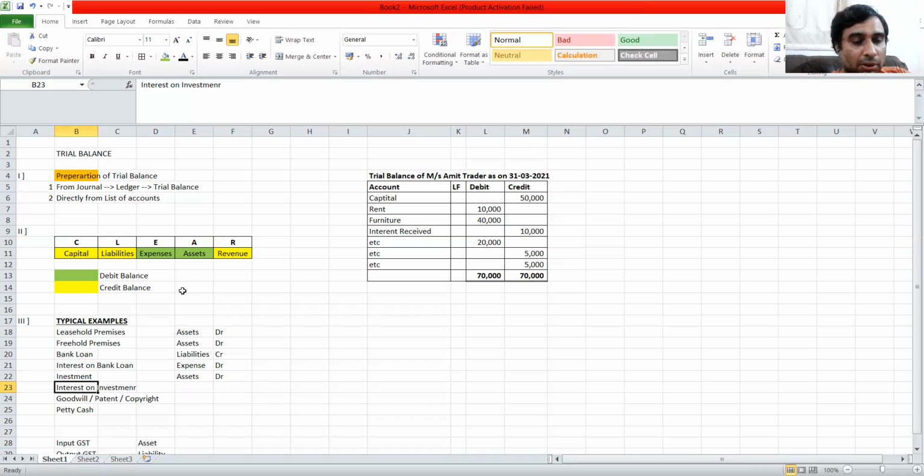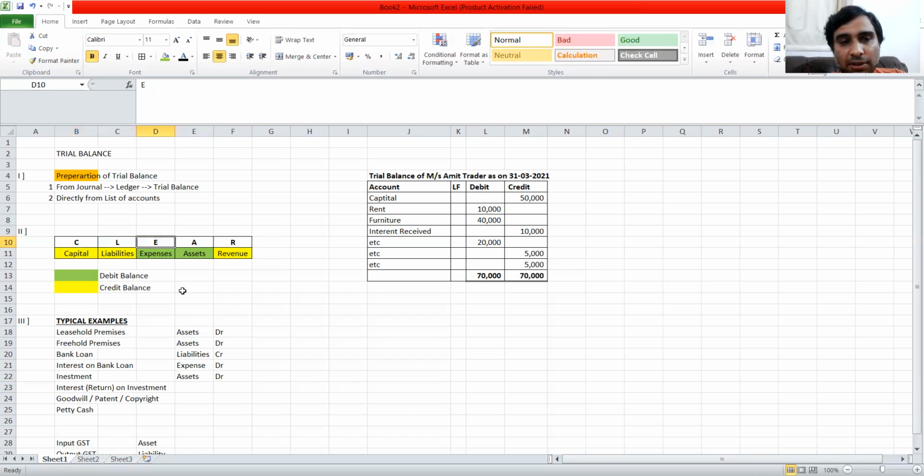Interest on investment. I will call it interest or return, because if the investment is in shares, the return is called dividend. So the word that you may use is return on investments. It is interest most often, and sometimes it could be dividend. So when you receive money, it is income. Now in our clear concept here, income is not there.